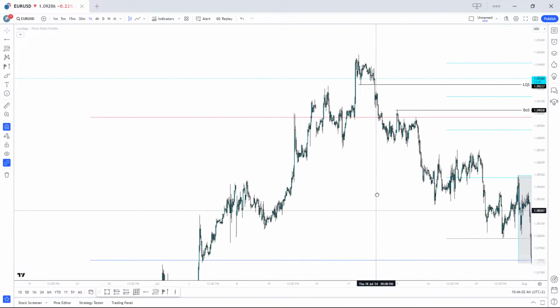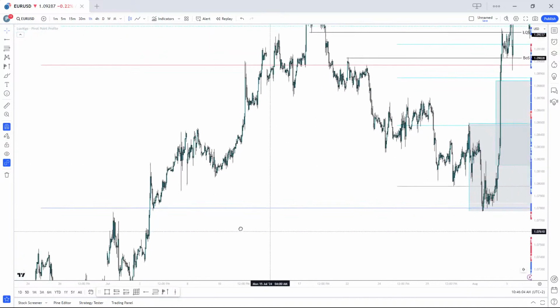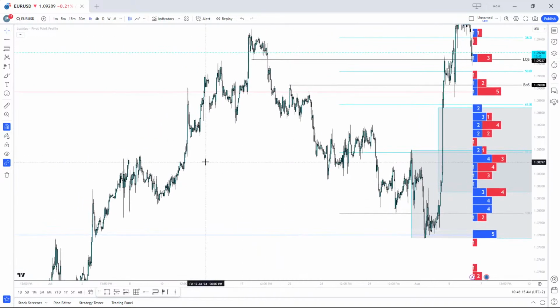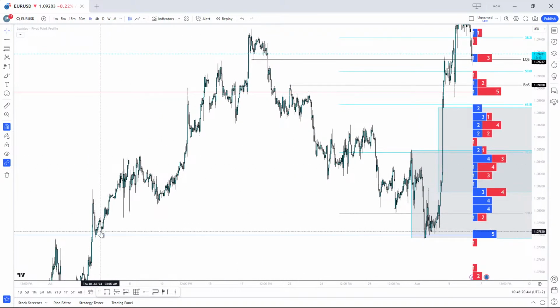Right where this line is, we can see there is a high amount of pivot points, plus we see that on this point the price made a big move.